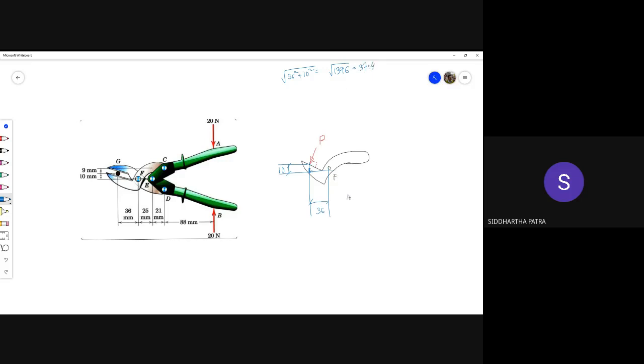I'm just guessing. So you can get the moment due to P in terms of P.